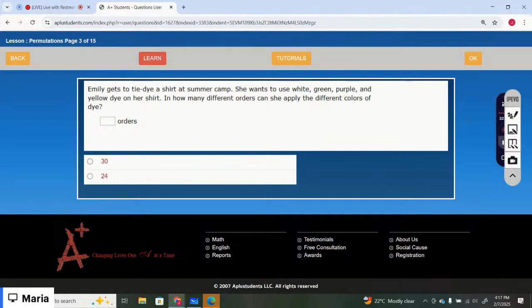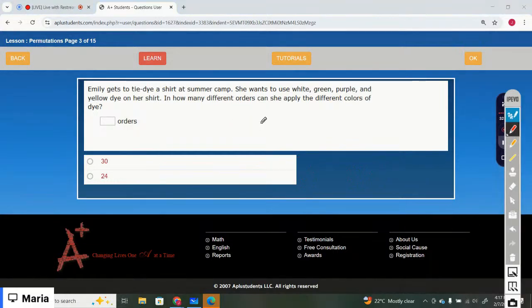So, one, two, three, four. You have a total of four colors, so they can be arranged in 4 factorial. That is 4 times 3 times 2 times 1. So which is the correct option?